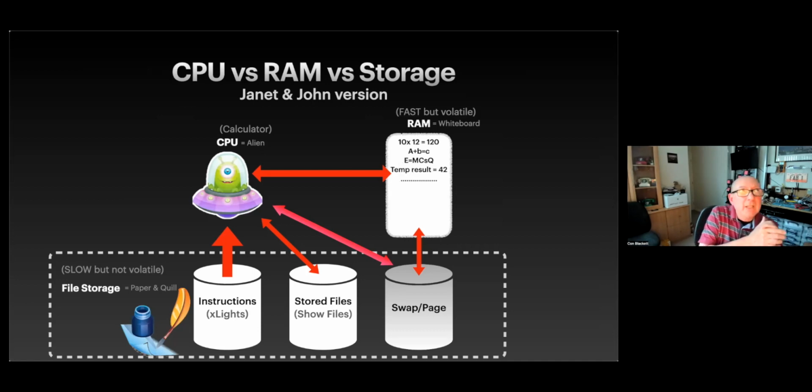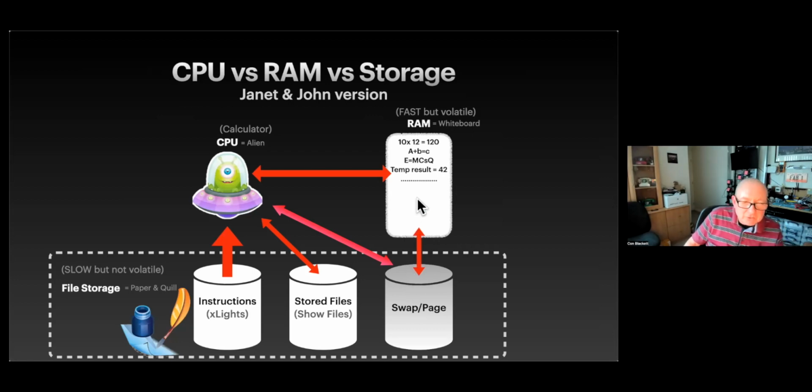So when somebody says, for example, that if you put more RAM into a computer you'll get a faster computer, that's not strictly true, as I'll explain a little bit later on. If it runs out of space in RAM, so the whiteboard gets full, if you like, and RAM is a finite size, whether it be 4 gigabytes, 8, 16, 32, it doesn't matter, then that's the point where things can not speed up, but slow down.